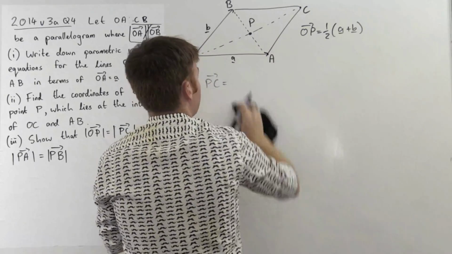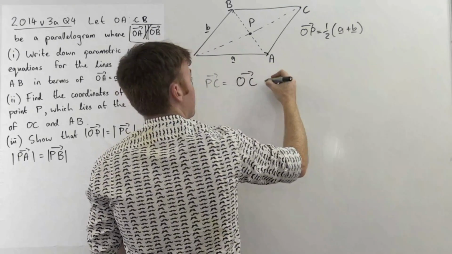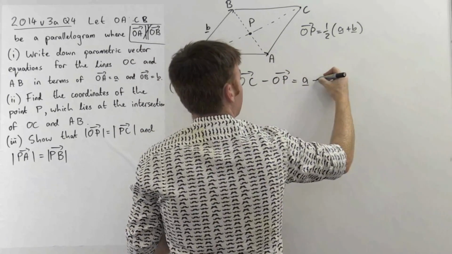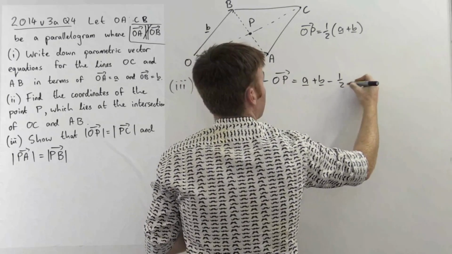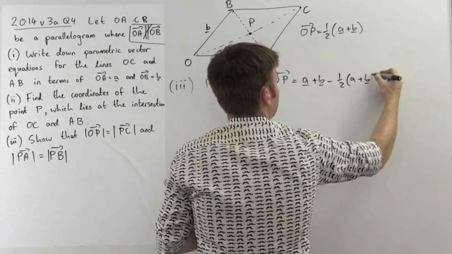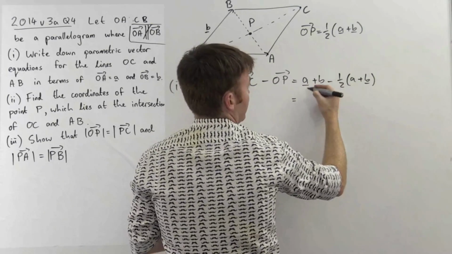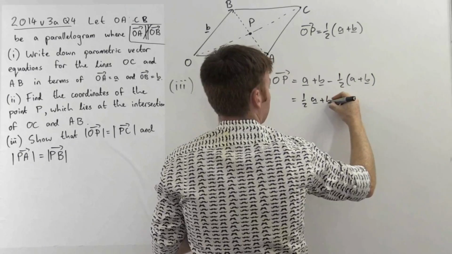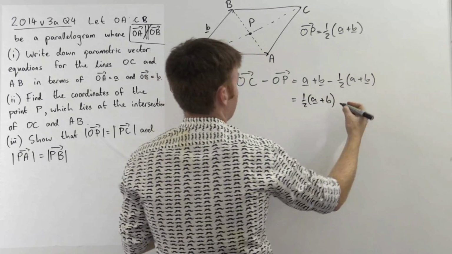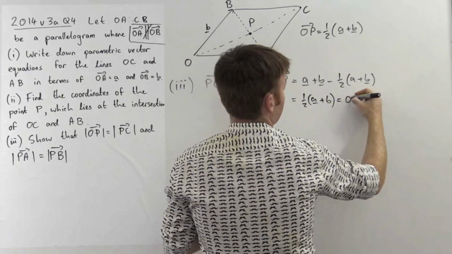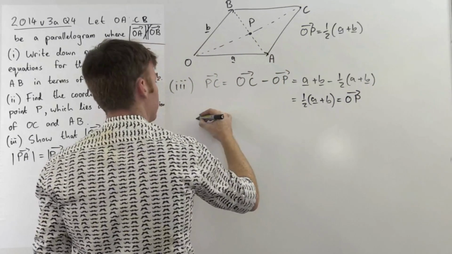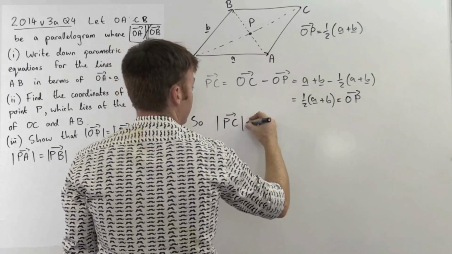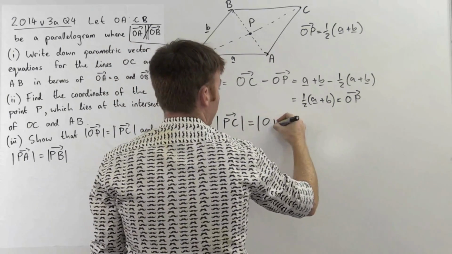Well, maybe I write this as OC minus OP, which is A plus B minus 1/2 (A plus B), which is A plus B minus half A minus half B. It's just again half (A plus B). And in fact, that is OP. So of course, if these are in fact just the same vector, then the length PC must also be equal to the length OP.